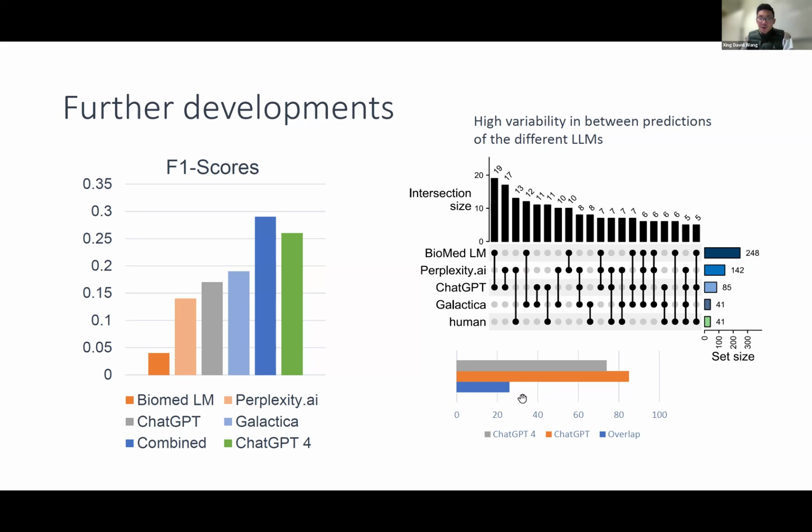But as we see in the overlap, only about 25 of 80 drugs were ones that both the predecessor and its successor agreed on. So this is something that one also has to keep in mind, even when working with the same version of the model. Sometimes under the hood, the ChatGPT version differs, and then the results can also be a bit different.